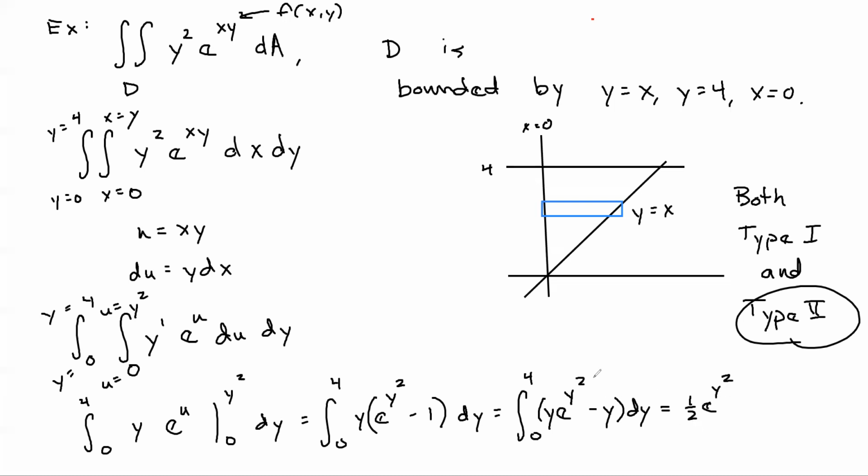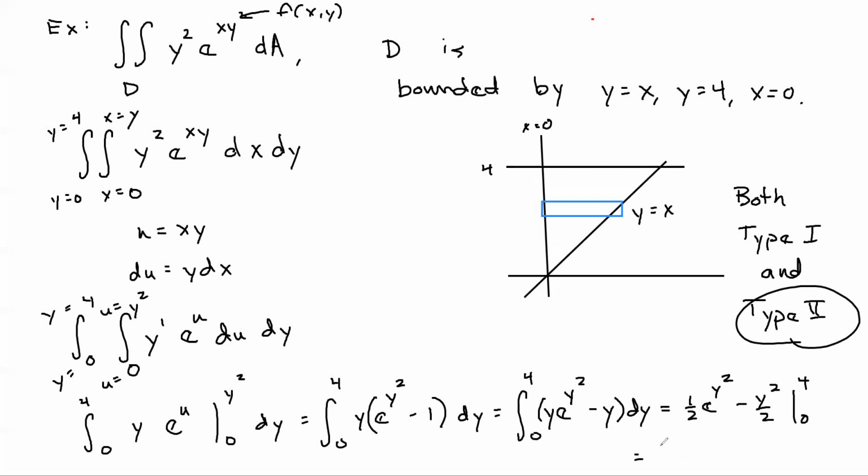The nice thing about finding antiderivatives is you can always just differentiate to check them. This one's a pretty easy one to check. The derivative of e to the y squared is e to the y squared times 2y, and if you multiply the 2y by 1/2, you get y e to the y squared. So this is one that you could guess and check your way through. And then the antiderivative of y would be y squared over 2, evaluated from 0 to 4.